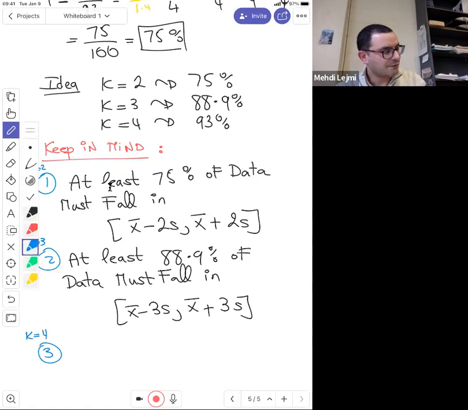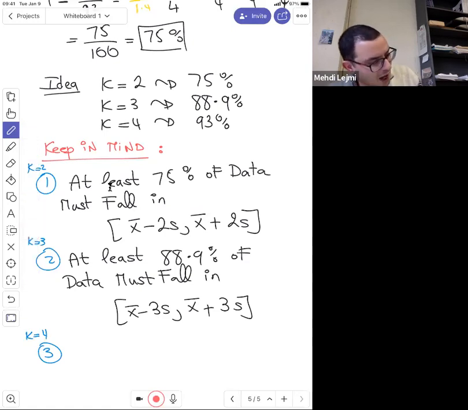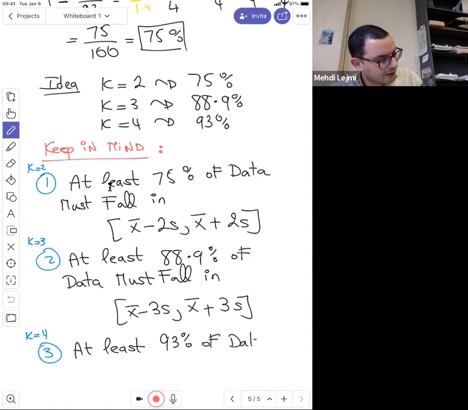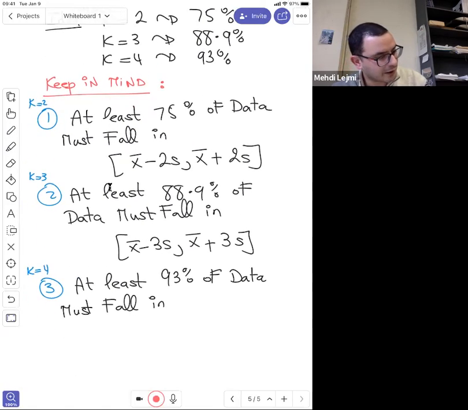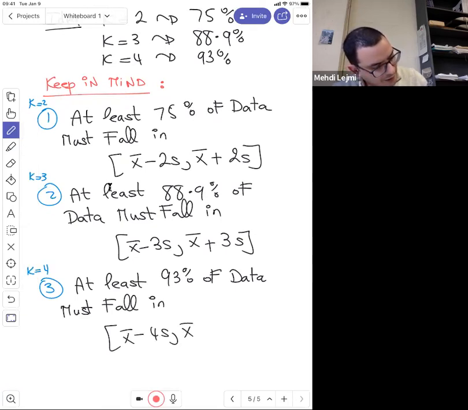If k is 4, then the consequence is that at least 93% of the data must fall in the interval x bar minus 4s and x bar plus 4s.